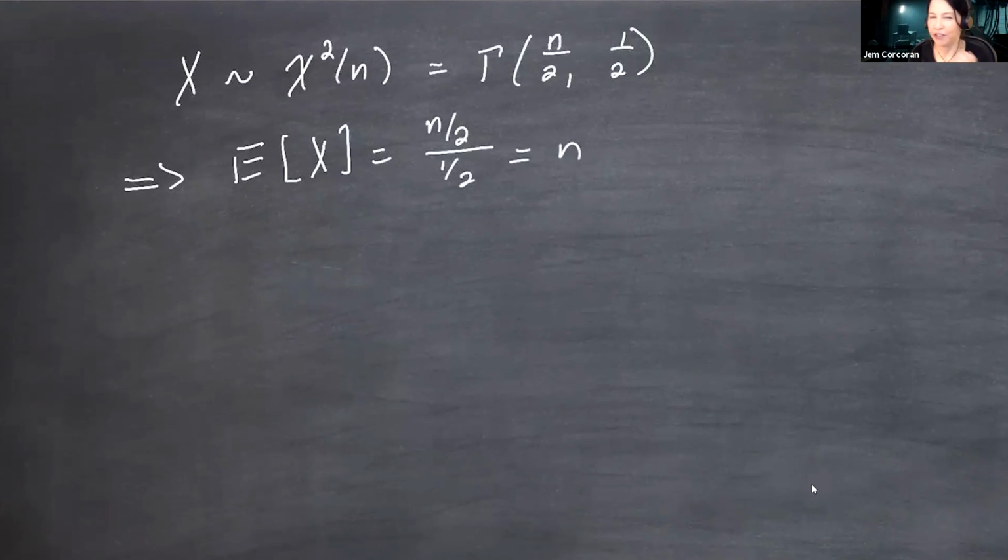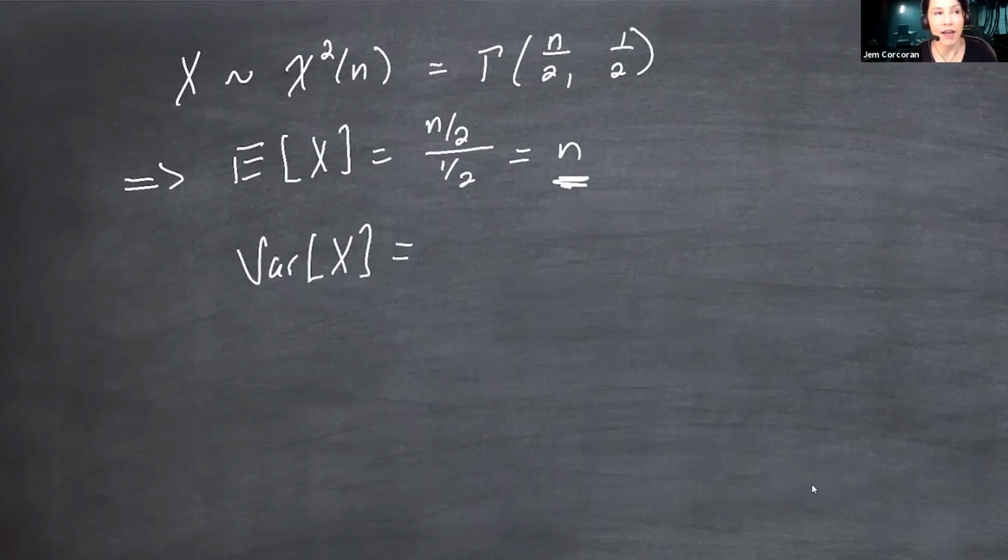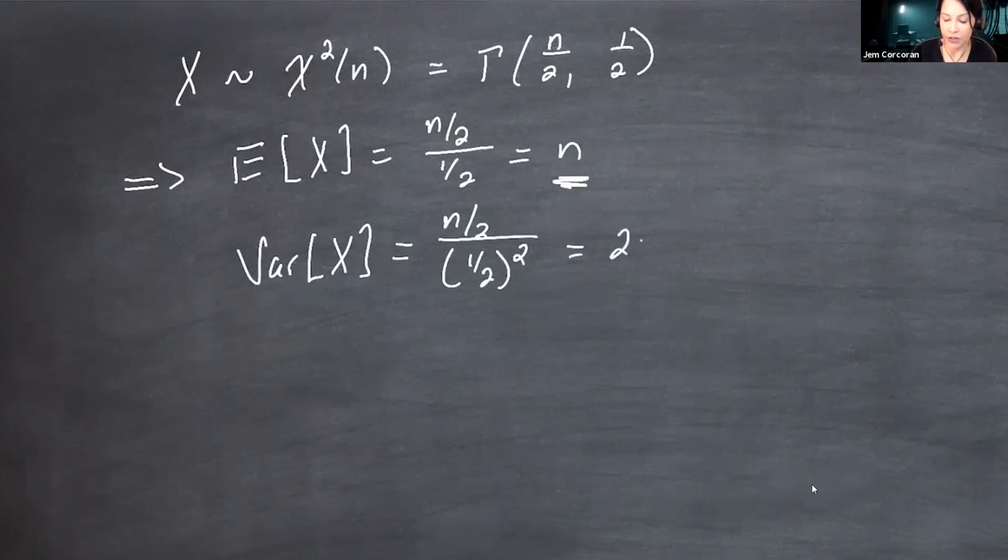It's usually easier to remember that the expected value of a chi-squared is equal to its degrees of freedom. And the variance, last thing, would be alpha over beta squared, so that would be n over 2 over (1/2) squared, just using properties of the gamma distribution, and this is 2n.